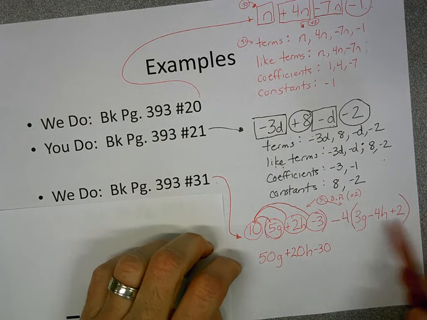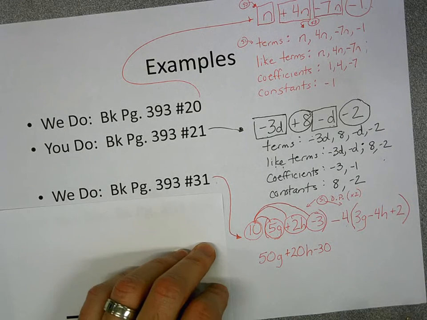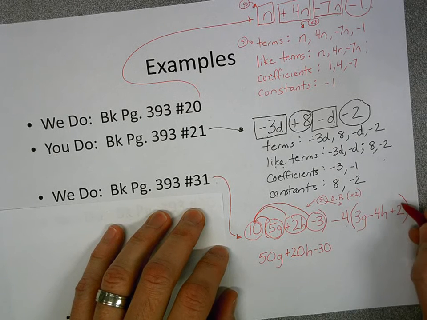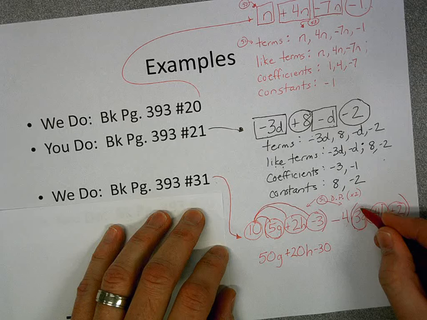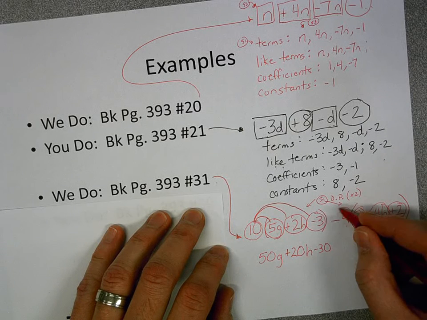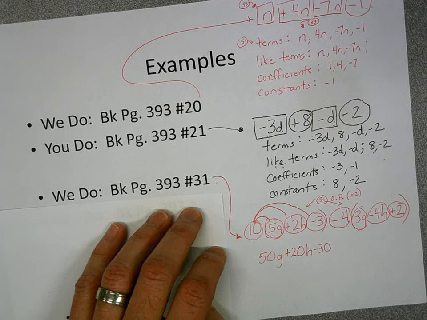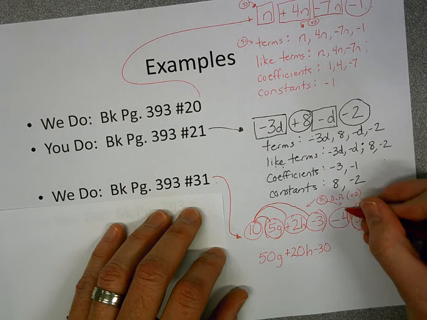Now I want to get rid of the parentheses here. If you follow my directions of what I've taught you guys, circling the numbers and the terms, I'm going to be circling positive 2, negative 4h, 3g, and the minus 4. That negative 4, I'm going to circle the whole thing. So here's what I'm going to do now, exactly what we did here. Negative 4 times 3g.